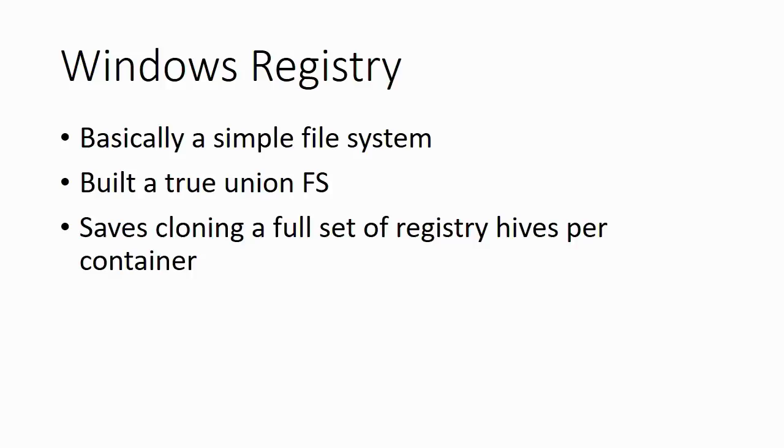One of the things we found along that journey was that the process for starting and booting a container is almost completely storage I/O bound. It's all about how much storage I/O we could do. So we spent a lot of time analyzing this and trying to make it better. We found that if we're doing the union file system with NTFS and you boot up Windows, almost immediately the first thing it does is write something to the registry. So we have to bring the whole registry hive across to make a new copy of it.